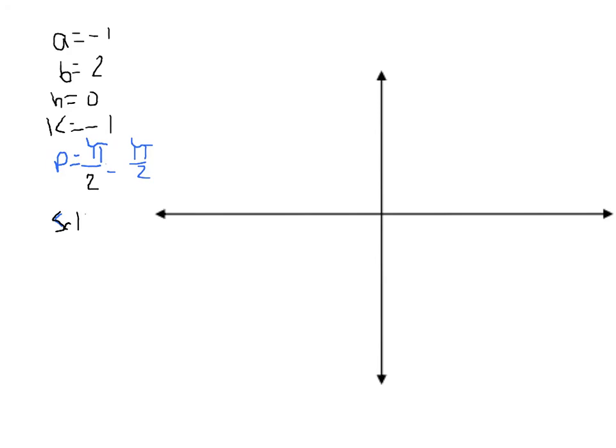So the scale is pi over 4, because remember you just have to divide it by 2. So that's positive pi over 2. And that's negative pi over 2. Okay? And then remember our new 0.